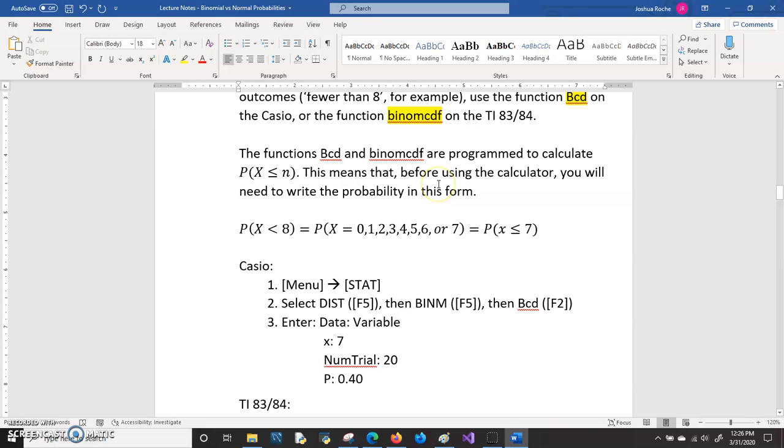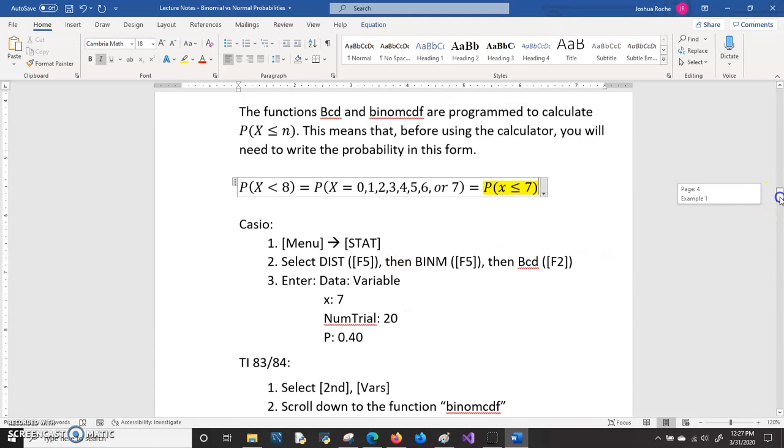That means you'll have to rewrite the probability in that form. The probability that x is less than 8, meaning x could be 0, 1, 2, 3, 4, 5, 6, or 7, is equivalent to the probability that x is less than or equal to 7. This is what you'll use when you enter it into the calculator.